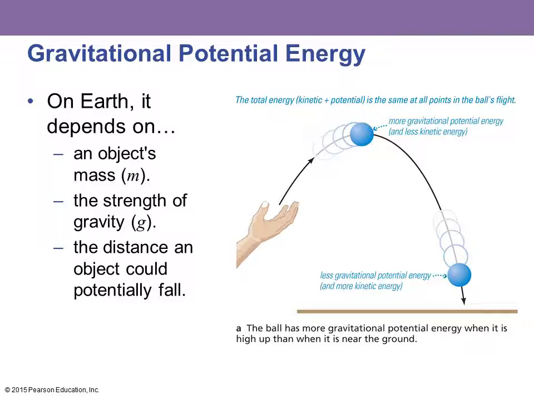So here's gravitational potential energy. On Earth, it depends on an object's mass, the strength of the gravity, and the distance an object could potentially fall. So the example of this ball in midair is a good one, on page 94. When it's at the top of the arc, that's when it has the greatest potential energy. It has the farthest to move downward.